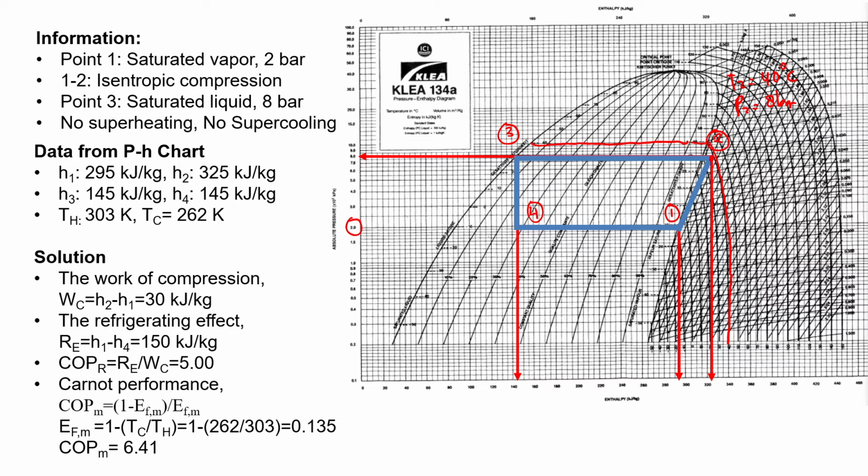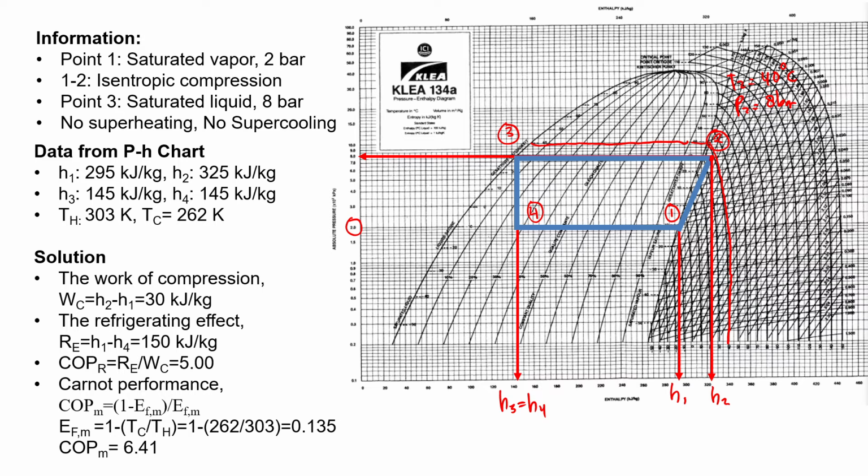So similar to the previous step, from the chart we can find the enthalpy value at each point. This is H1, this point is H2, and this point is H3 equal to H4. Okay, we summarize it.